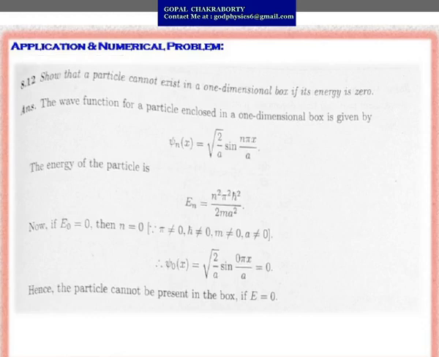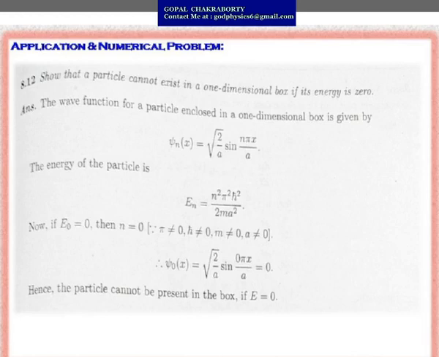Next problem. Show that the particle cannot exist in a one-dimensional box if its energy is 0. The wave function for a particle enclosed in a one-dimensional potential box of width a can be represented by the solution of the Schrödinger one-dimensional time-independent equation, that is psi equals under root 2 by a sine n pi x by a.